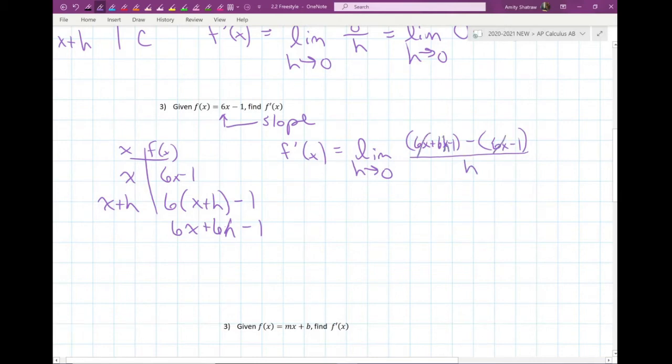And the minus 1 and a plus 1, remember there's a negative here and a negative here, so that turns into a plus 1. That disappears as well. I know it's kind of messy, so let me rewrite it. The limit as h approaches 0 of 6h all over h is something that I can totally find because the limit of a plain old number is going to be 6.